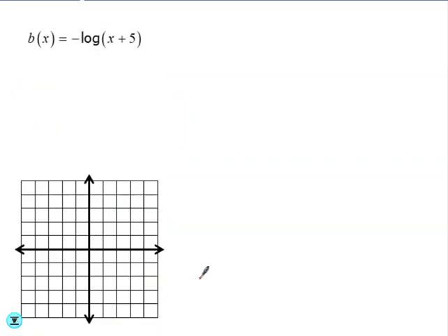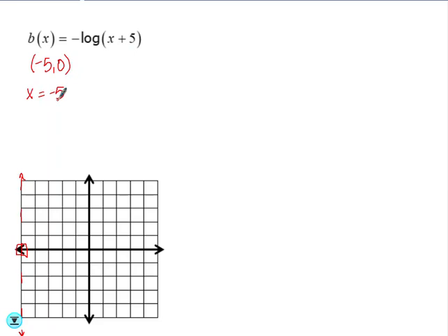Here we have b of x equals negative log of x plus 5. Again, our starting point is going to be (-5, 0), because our h value is -5 and our k value is 0. Your vertical asymptote goes through your starting point, so it's x equals -5.